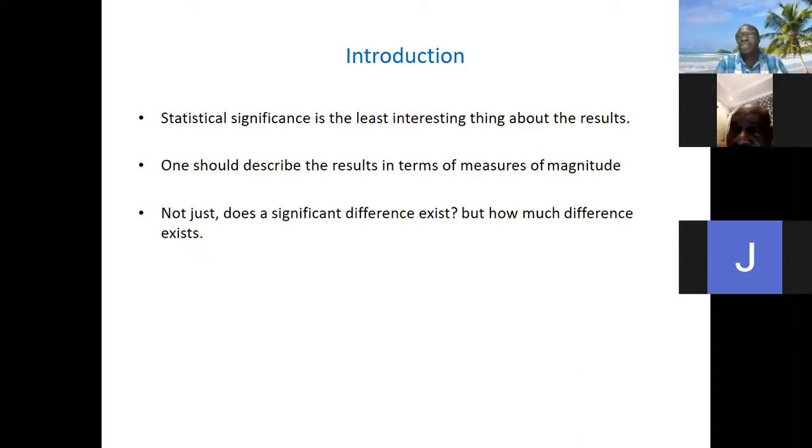The other time when we discussed measures of association, the odds ratio and relative risk, they are part of what we are discussing today, because they are part of the effect size. They are used to measure association, because they are able to quantify association. Not just whether a significant difference exists, but how much difference exists.